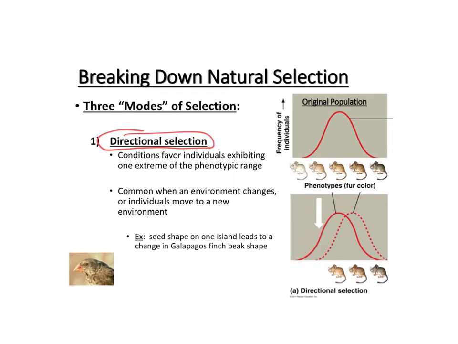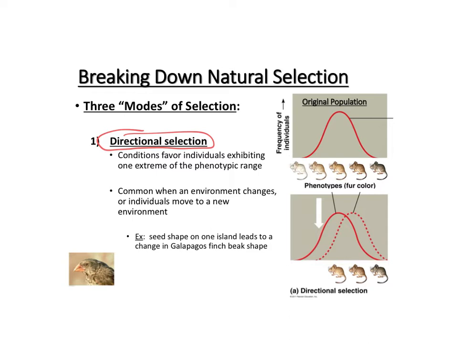This is where the environment favors or puts pressure on organisms to select one extreme of phenotype. When we say extreme, we don't mean it's something crazy. We just mean one particular phenotype versus others.